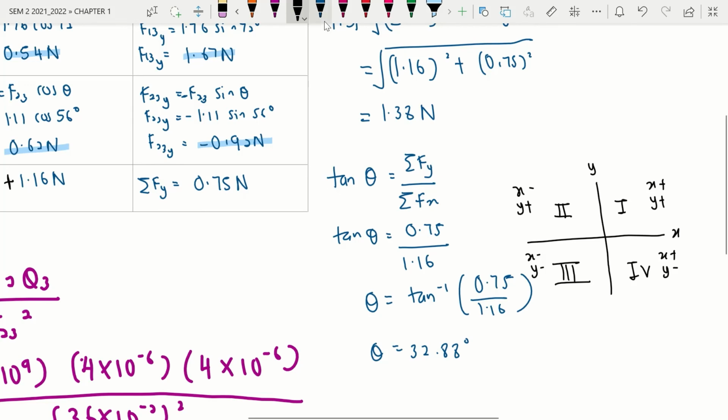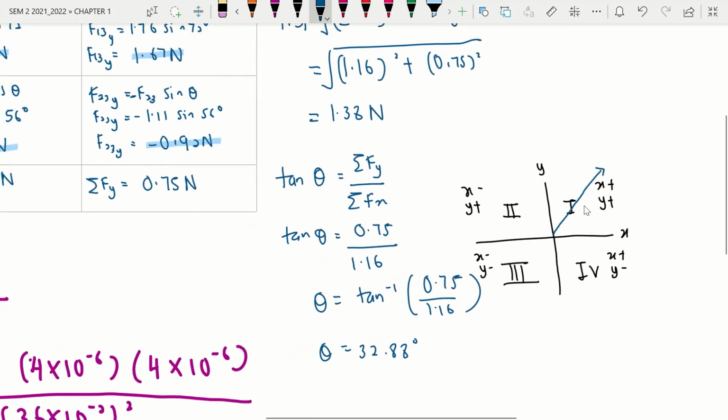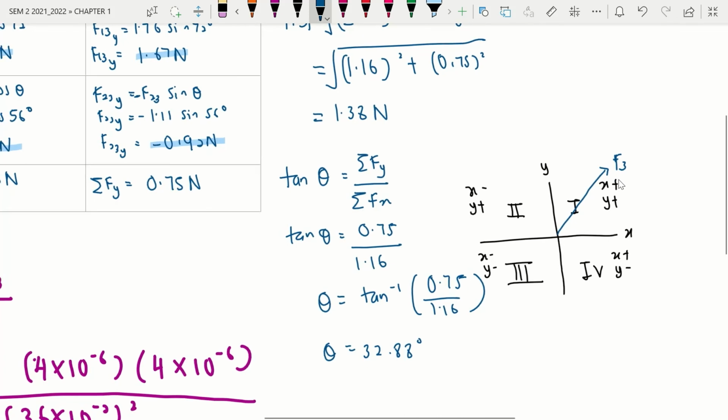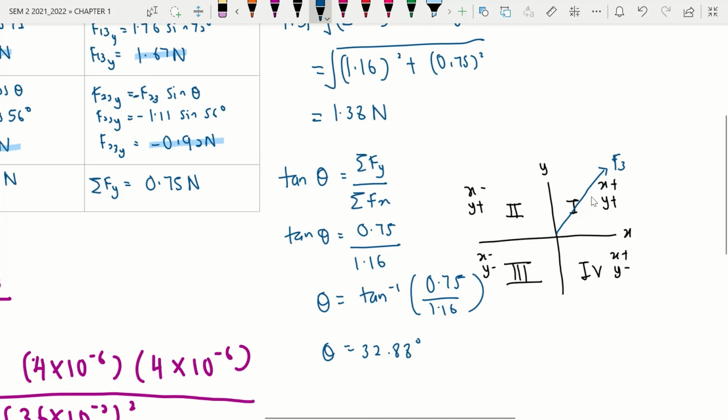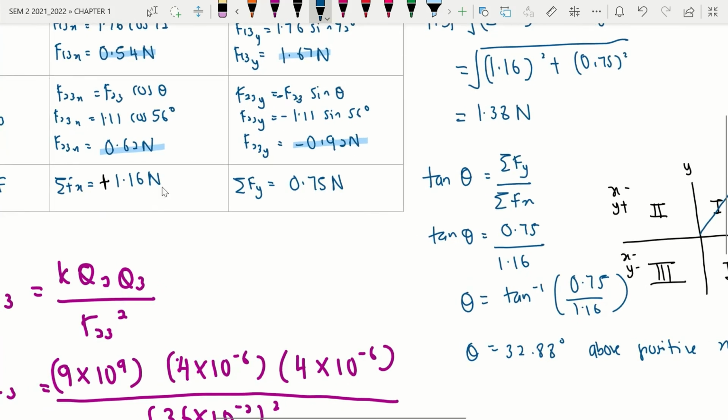Therefore, your force is in the first quadrant. So this is your electric force on charge 3 in the first quadrant, above the positive X axis. Why? Because both the force in X component and Y component are positive.